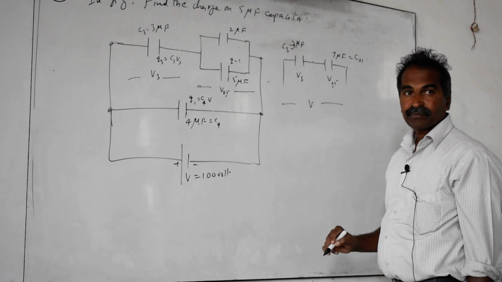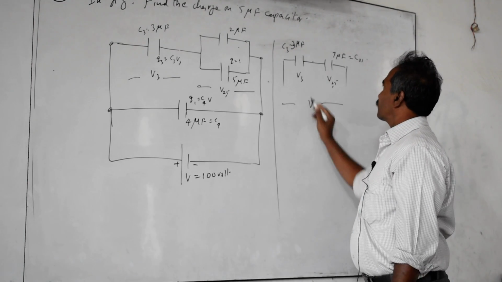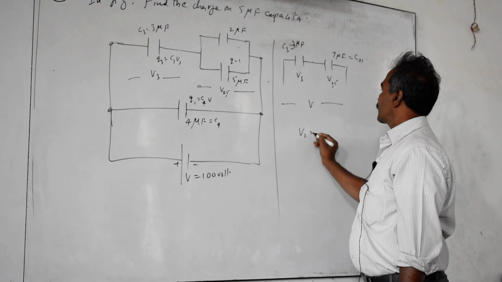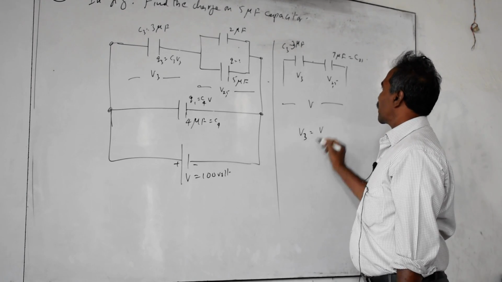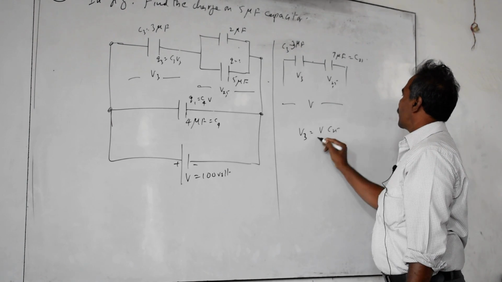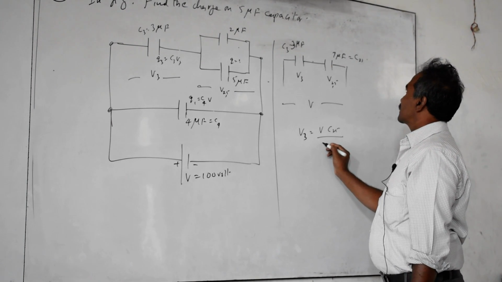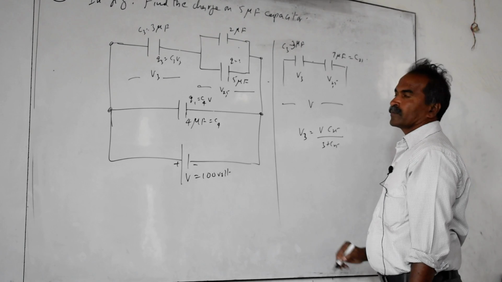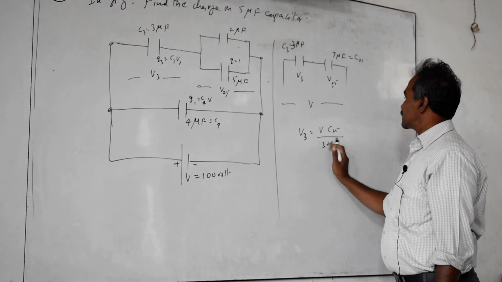I am telling the direct formula. V3 equals the total voltage V into the other capacitor, that means C25, by the total capacitance, C3 plus C25.